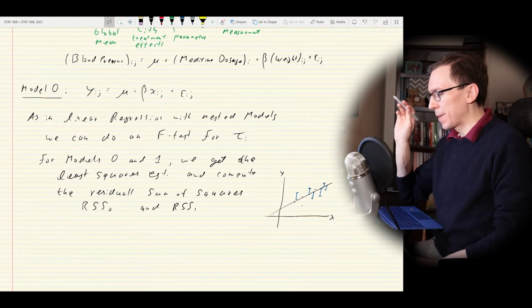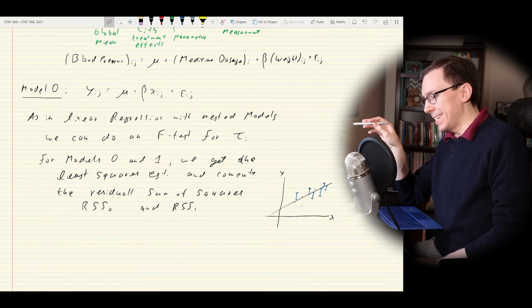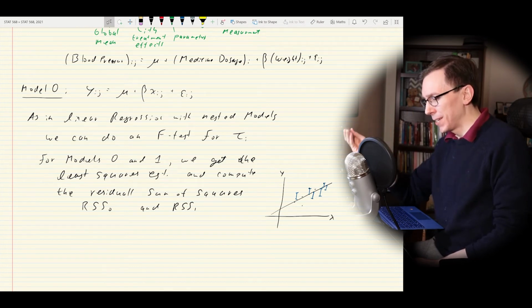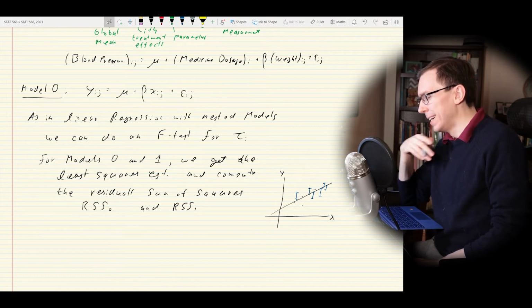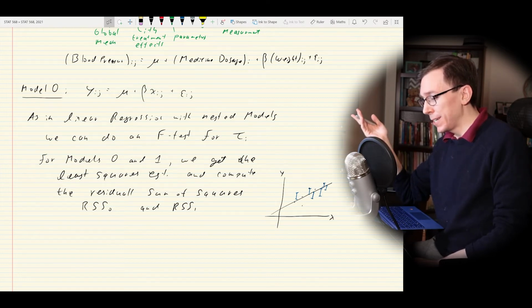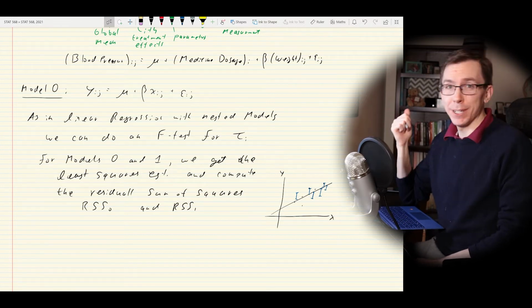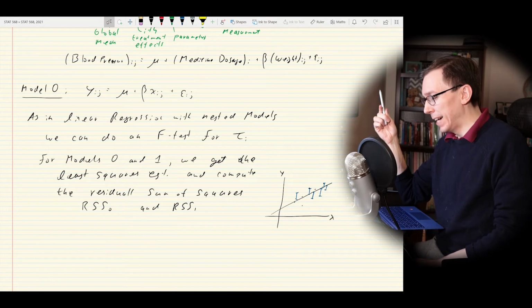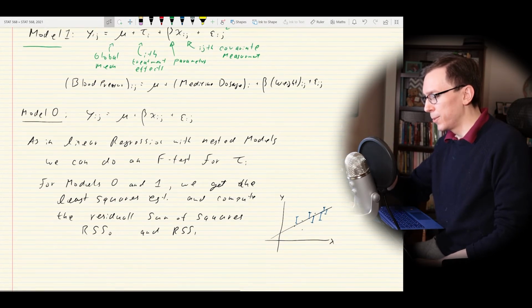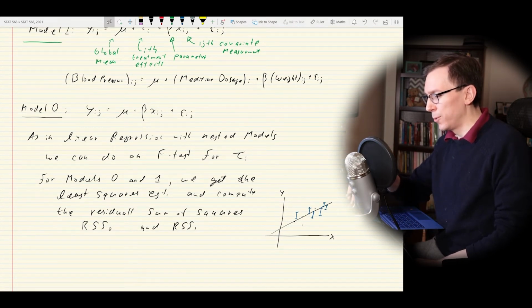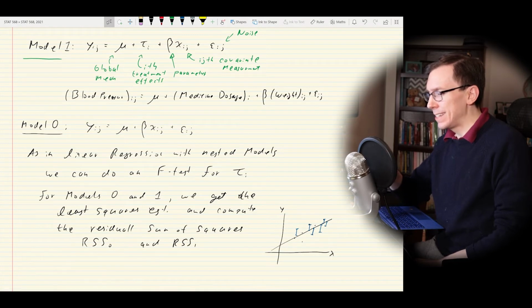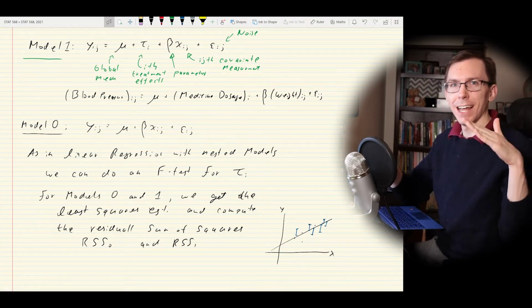But assuming that you've already seen what simple linear regression is, simple in the sense that we just have an x and a y, a single variable x and y, then what we do is we compute the least squares estimator, we compute the residual sum of squares, and we can do that for both model 0 and model 1, with the tau I effectively shifting the line up and down.